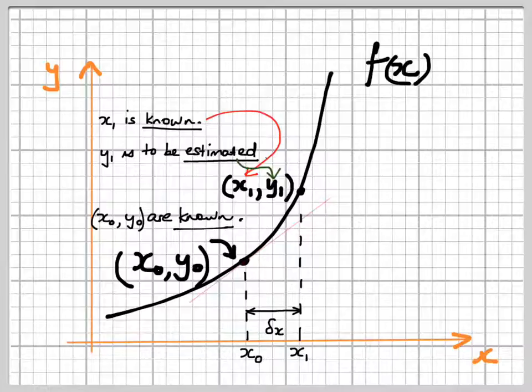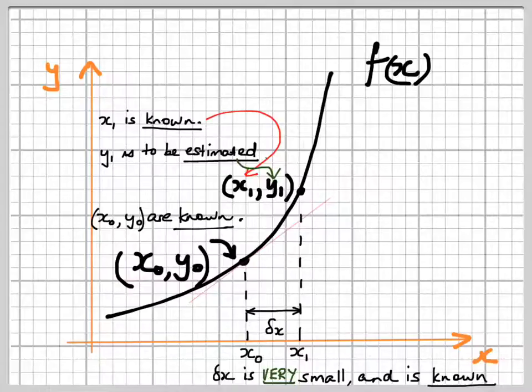Microscopically small, okay? It has to be small for the approximation to be any way valid at all, okay? So I've written down there, delta x is very, very small and is known. It is known, okay? Delta x might be 0.01 or something like that, something very small.